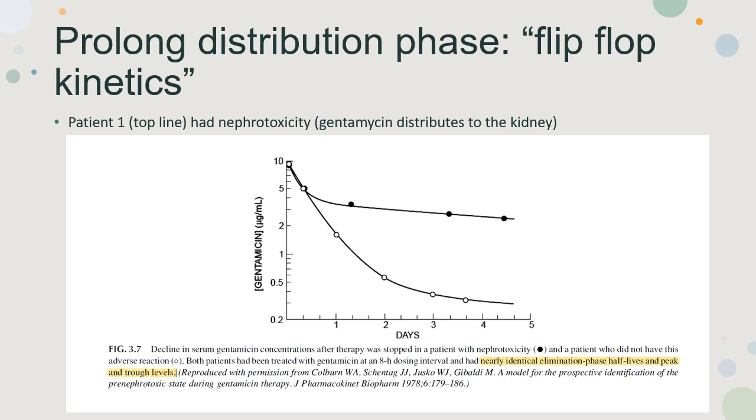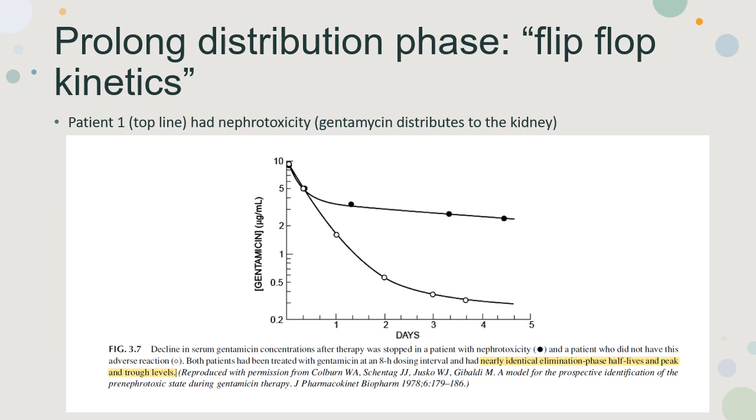So there are two patients. One had nephrotoxicity, which was the patient with the filled-in holes, and then we'll say the normal patient, that had pharmacokinetics like we'd expect, would be the patient with the donut holes. So what you see here, once again, look at the log scale. You can see there is a very long distribution phase.